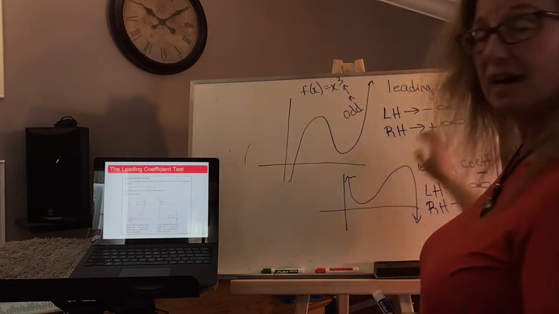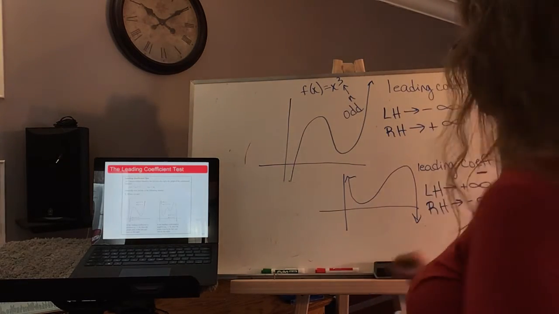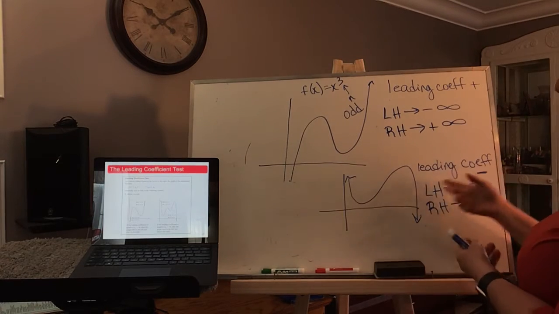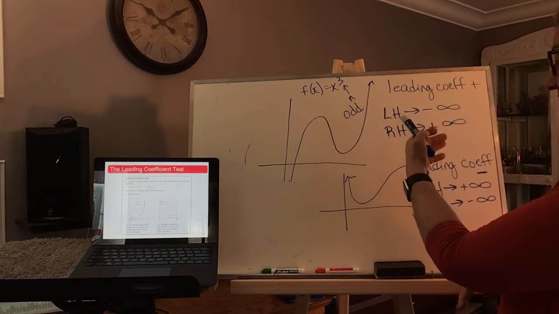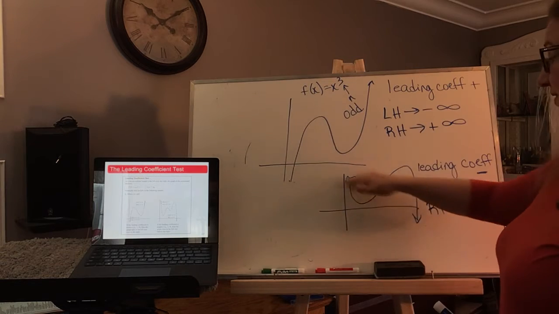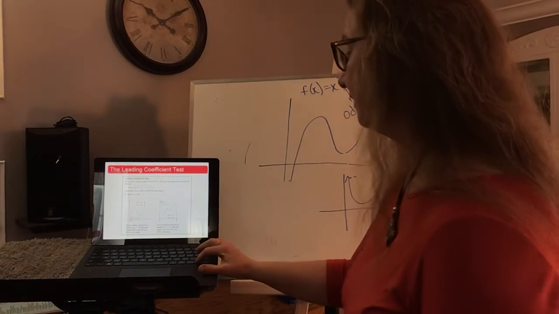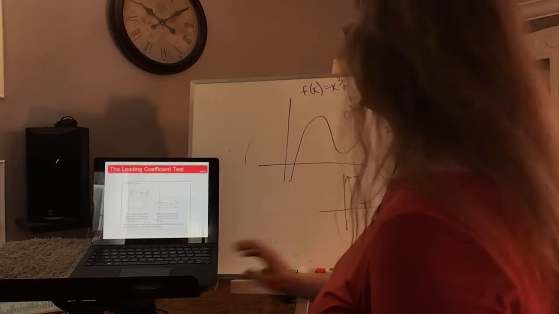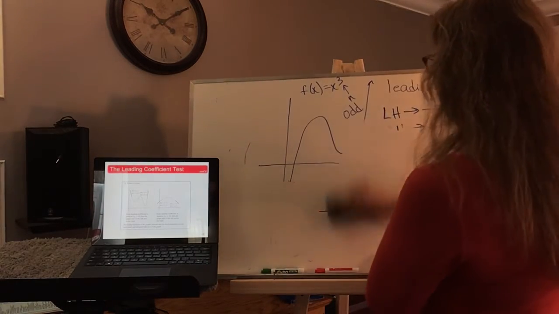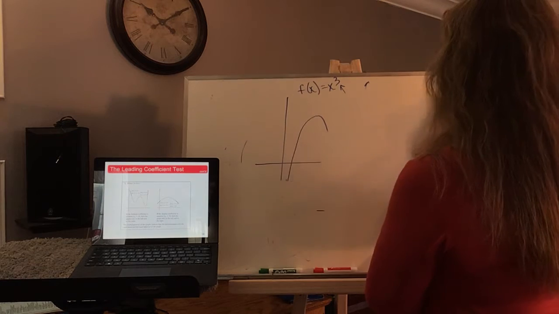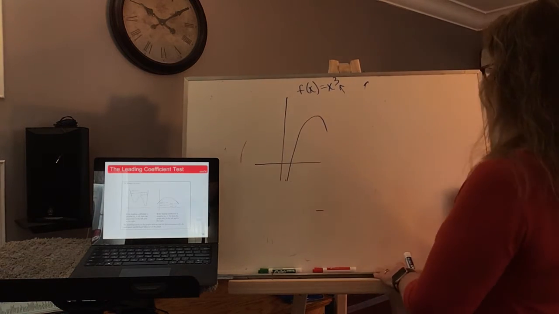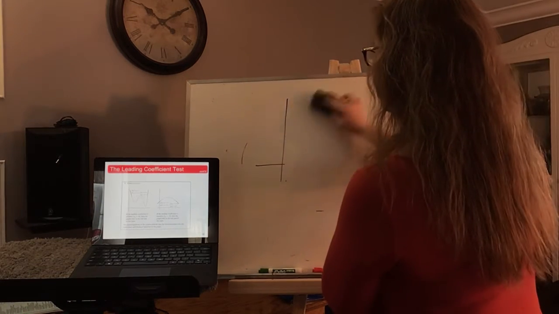It goes on to positive infinity. If the leading coefficient is negative, it flips upside down. So then this left end goes to positive infinity and the right end goes to negative infinity. Again, it's all very logical. You don't have to work too hard to memorize something like that. And honestly, that's the logic that I hope you get a good grasp on.